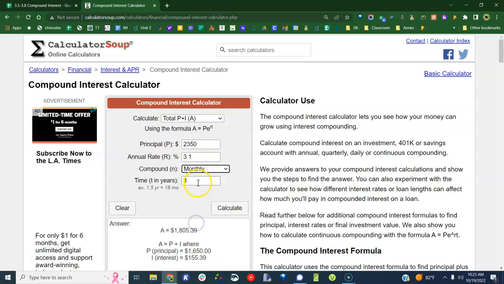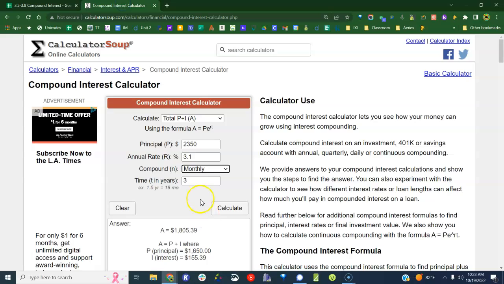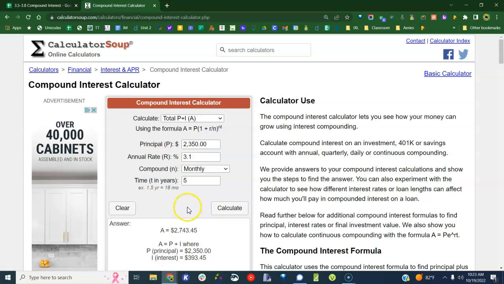Go down to monthly, 12 times a year. And it was for 5 years. So you can see down here, 5 years gets you about $400 of free money, $393.45. Okay, not too bad.